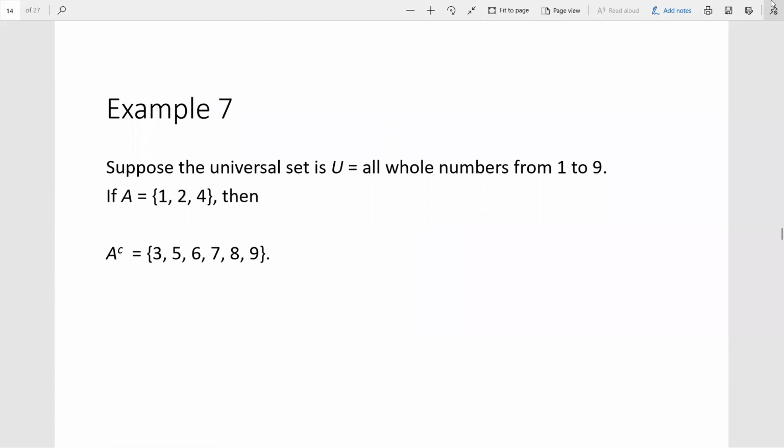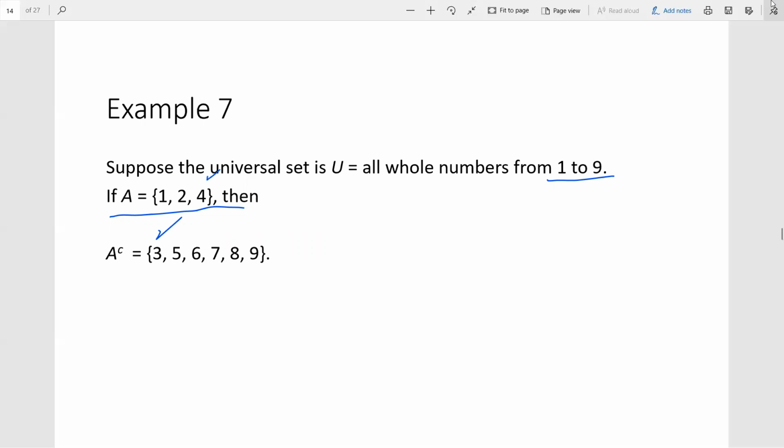Example 7: suppose the universal set is all whole numbers from 1 to 9. And if A is 1, 2, and 4, then A complement would be all the other numbers that are in the universal set, but not including 1, 2, and 4. So that would be 3.